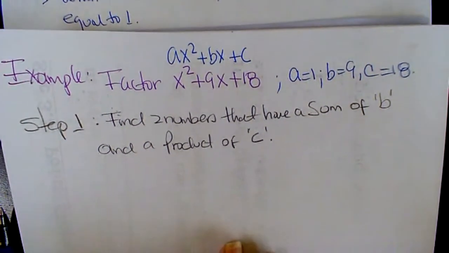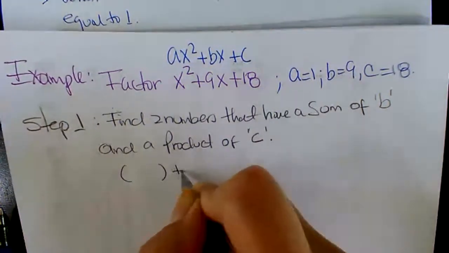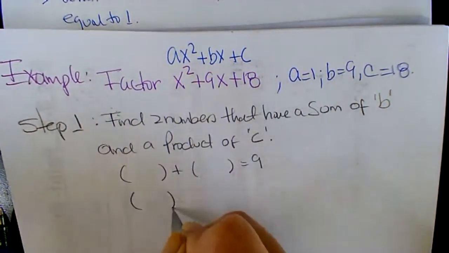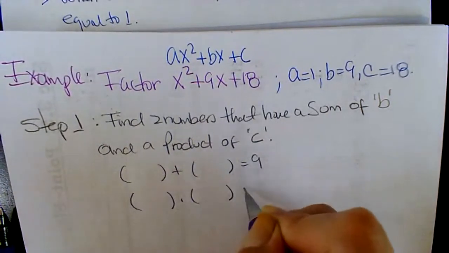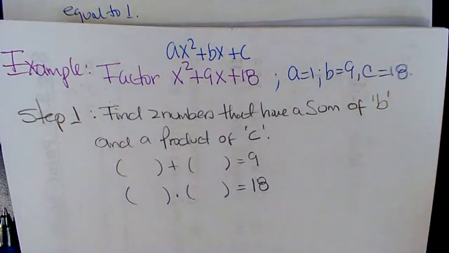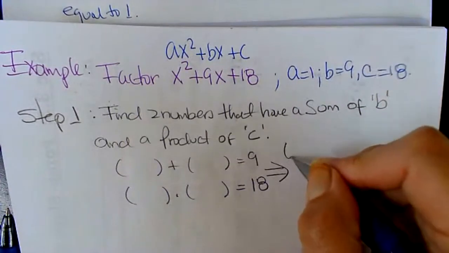So we need to find two numbers. First one, that when we add them, we get 9. And when we multiply them, we get 18. So right here is going to be what?